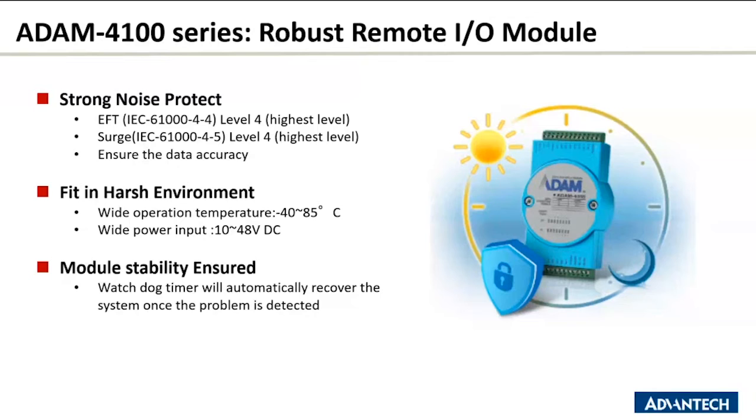So Advantech offers the ADAM-4000 series and 6000 series for data collection, and these products also support harsh environments. You can see the operating temperature supports very high temperatures, we have noise protection, and the modular design is very easy for installation.